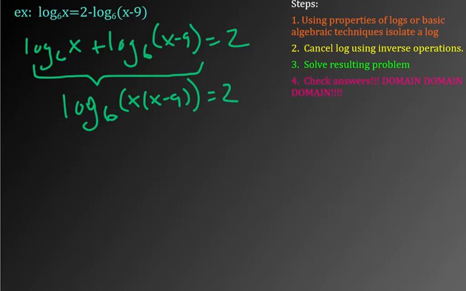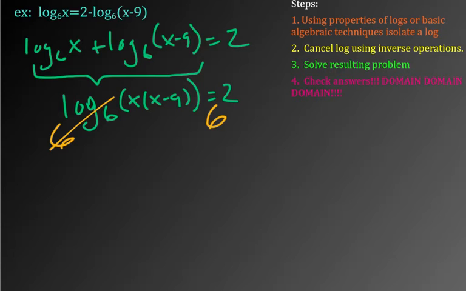So that's kind of doing this first thing. So use properties of logs or basic algebra techniques to isolate a log. Now I've got a log isolated just by itself. And then I'll cancel it with inverse operations. So I'll just do 6 to both sides, right?